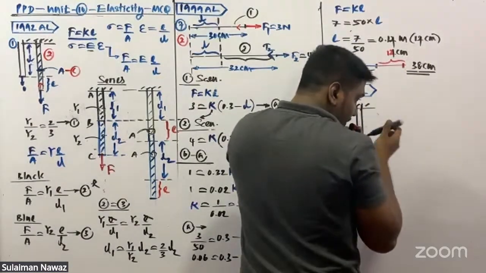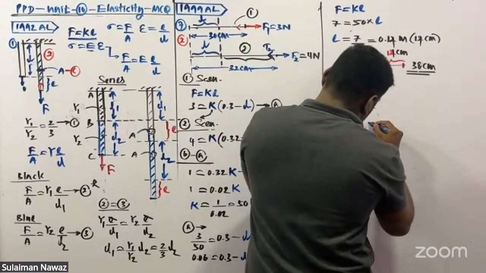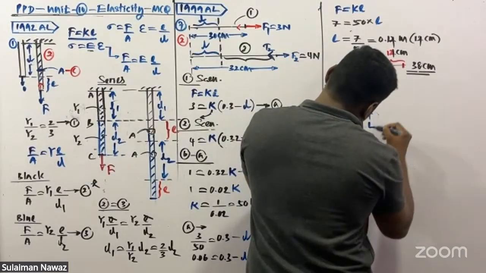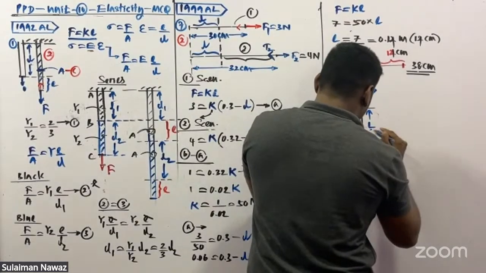Length is capital L, cross sectional area is capital A. Natural length, I think, maybe.